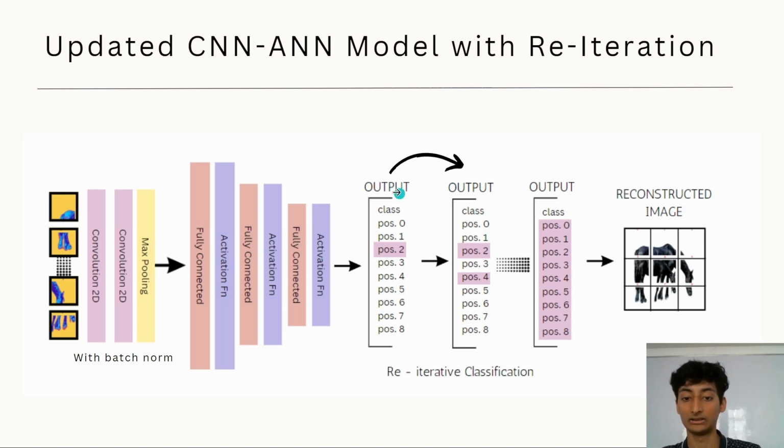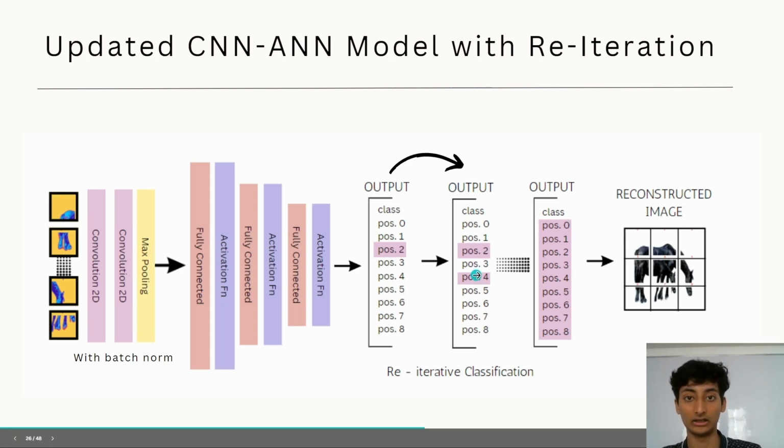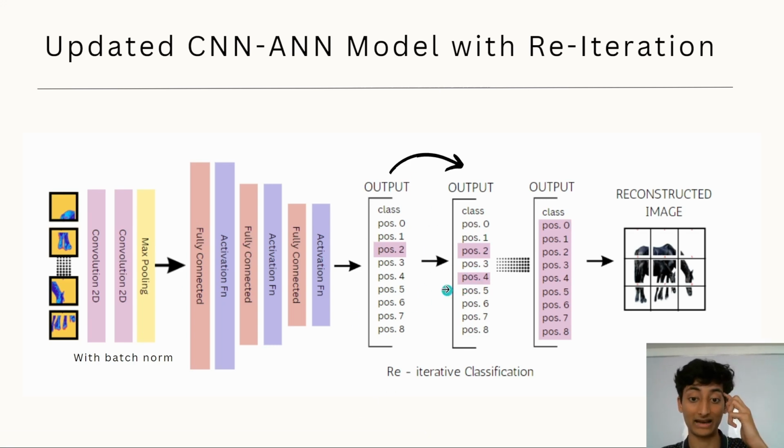And then you get the probabilities out, and using the maximum probability scores, we find out what part goes where, and we do that iteratively. In the end we get all the probabilities and all the class labels, and then we reconstruct the image, and we get our original image, or the solved jigsaw puzzle.